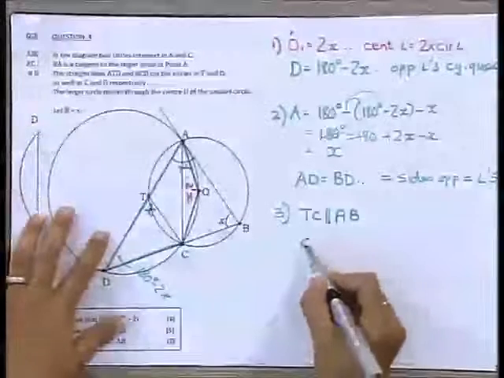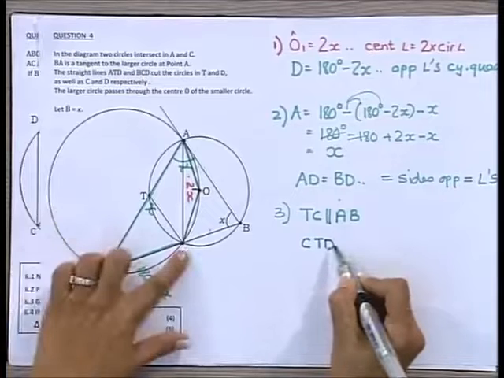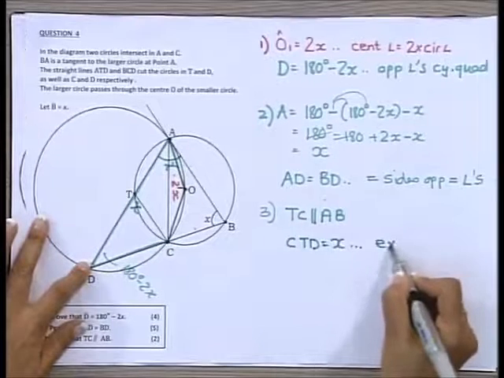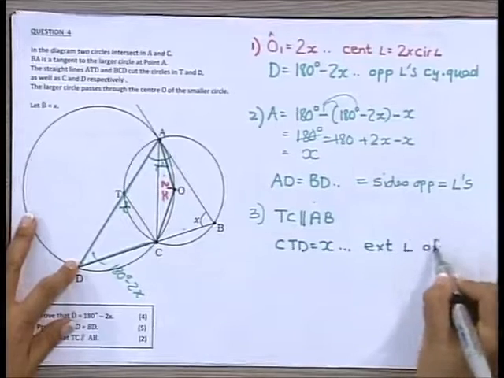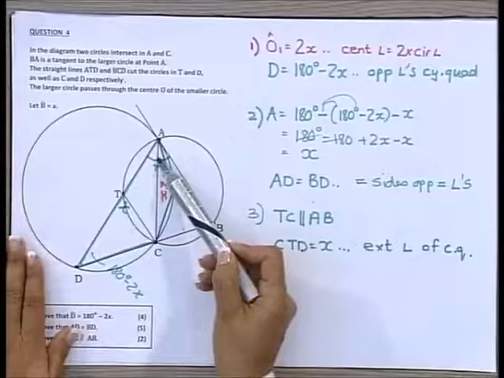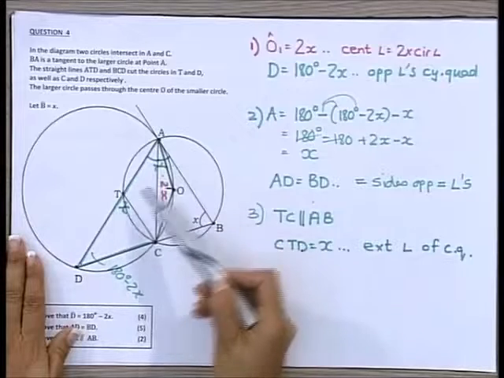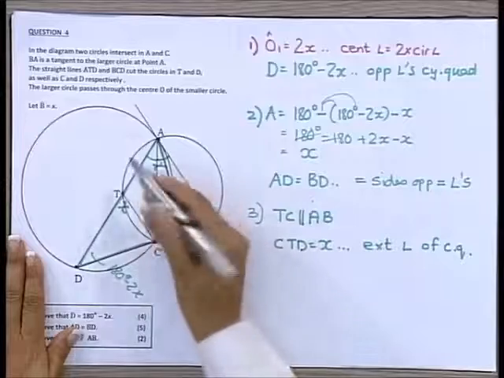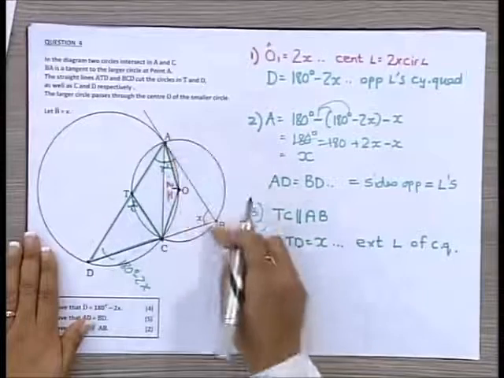So I said CTD is equal to x. It is the exterior angle of my cyclic quad. And then I saw, but that is x. And this is x. And they form an F. What is an F? An F is corresponding angles.